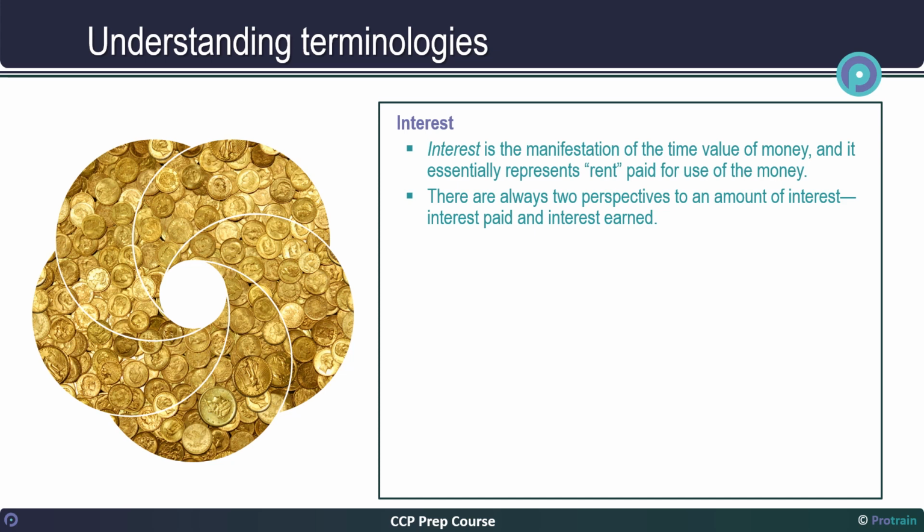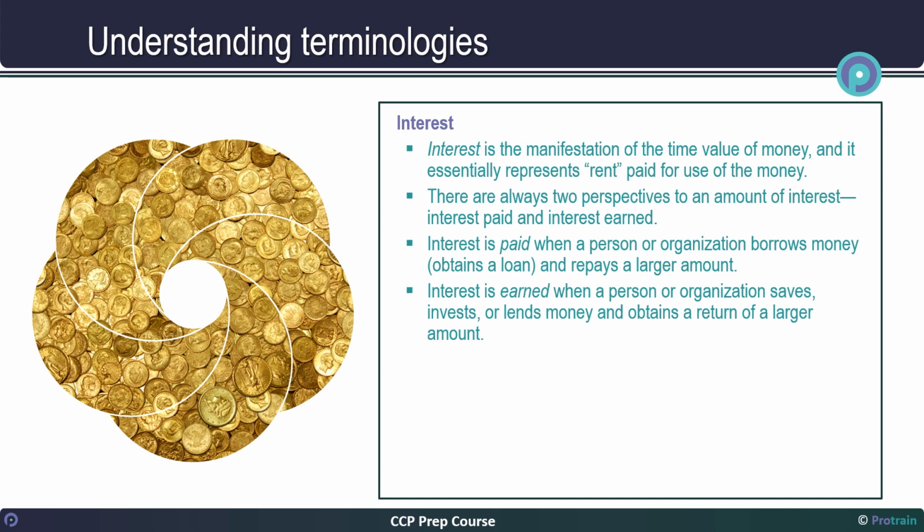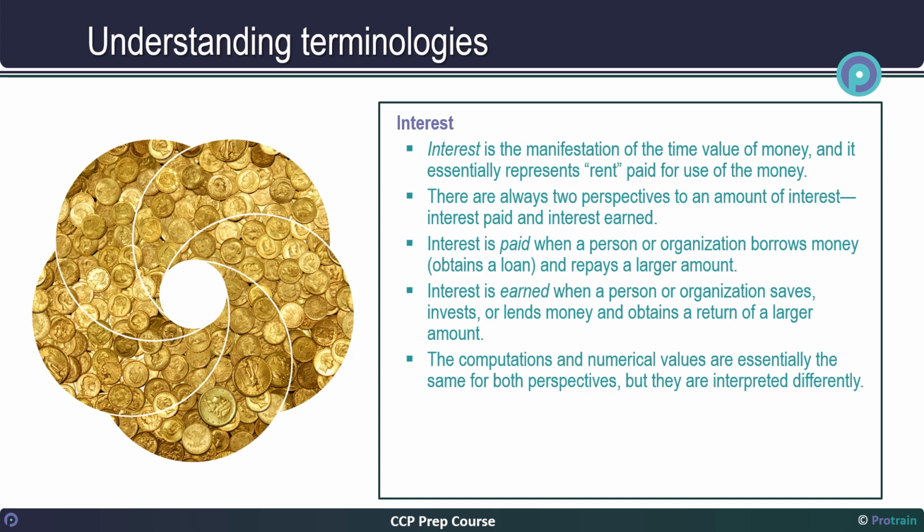Interest is paid when a person or organization borrows money, in other words obtains a loan, and repays a larger amount. Interest is earned when a person or organization saves, invests, or lends money and obtains a return of a larger amount. The computations and numerical values are essentially the same for both perspectives, but they are interpreted differently.